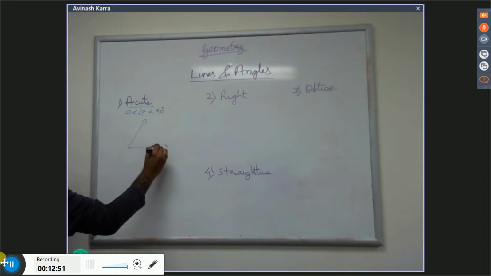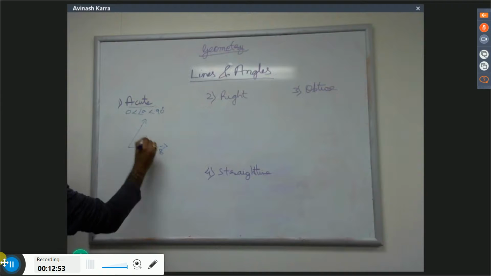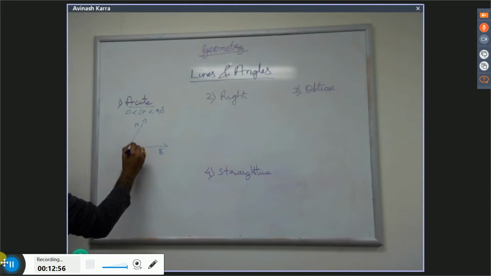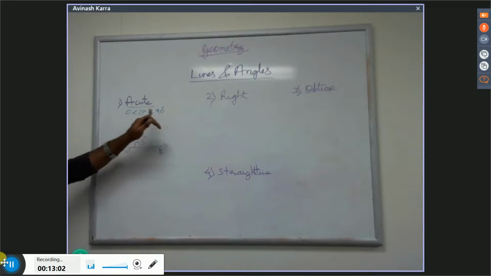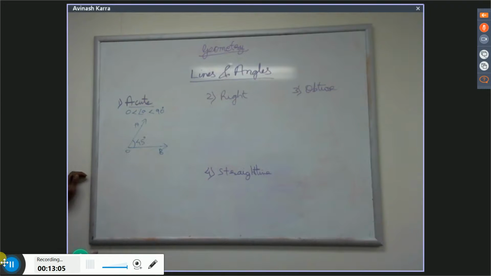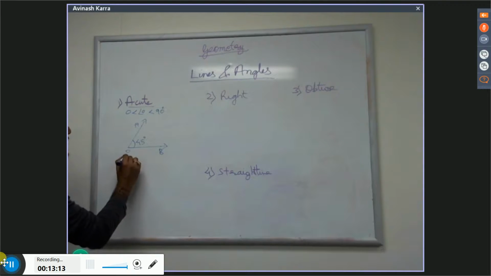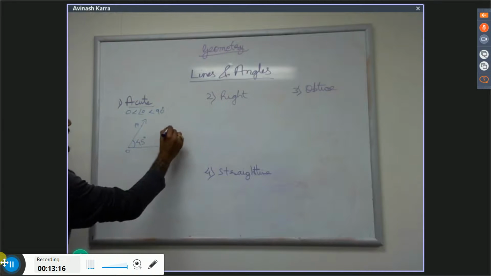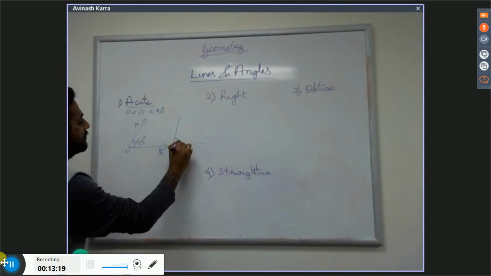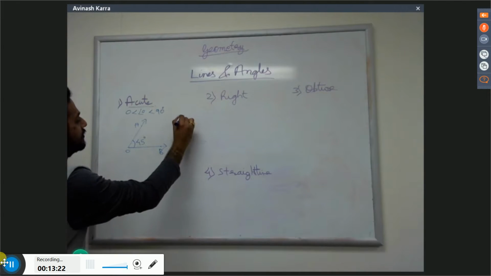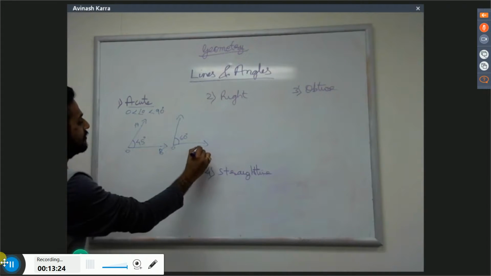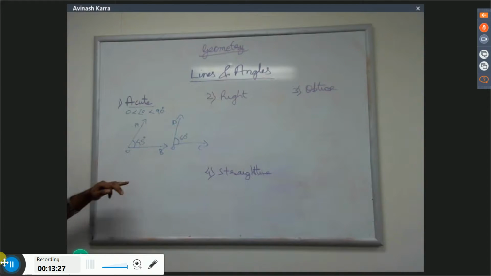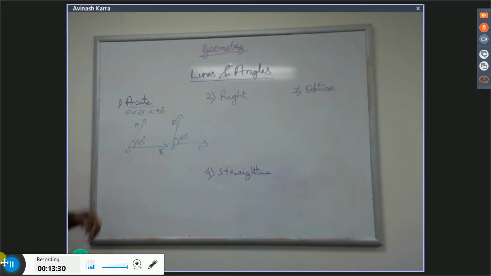For example, 45 lies in between 0 and 90, right? Even angle 60. These are examples of acute angles.